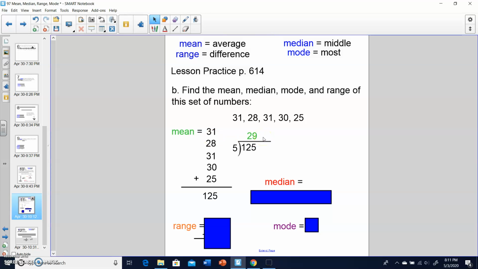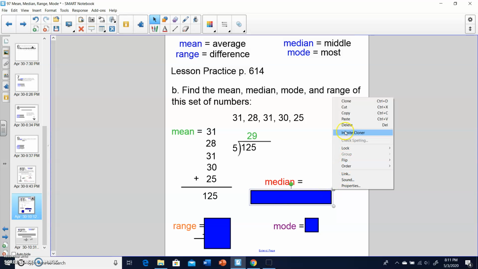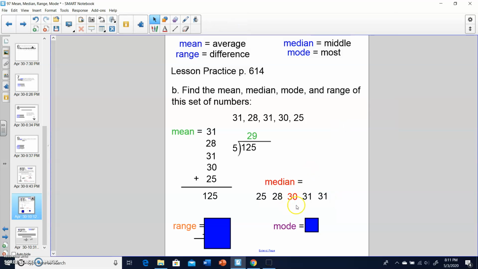The median, go ahead and figure out the median. If I put them in order, 25, 28, 30, 31, 31, the number I find in the middle is 30. So the mean was 29, the median is 30. Go find the range, the difference between the largest and the smallest.